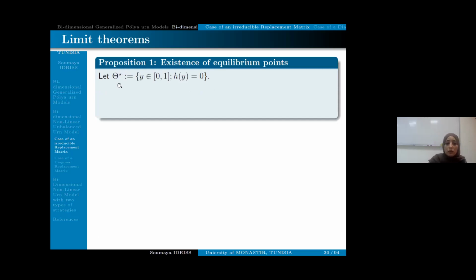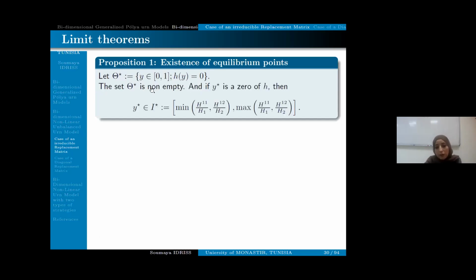As we said earlier, the set theta star is the set of zeros of the function h. Then theta star is non-empty, and if y star is a zero of the function h, then it is in this specific interval, which we denote by I star.